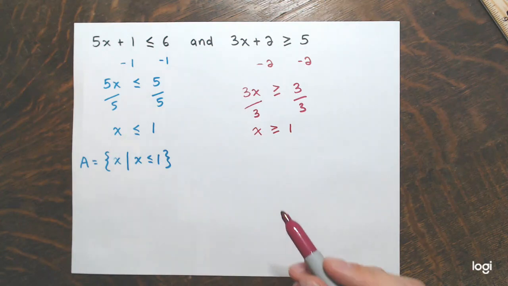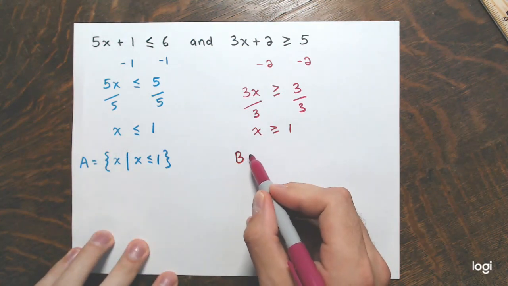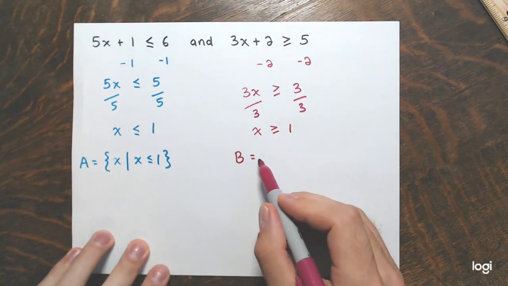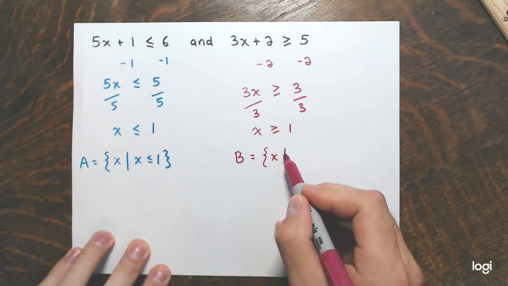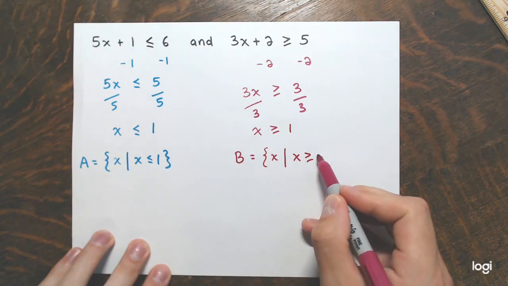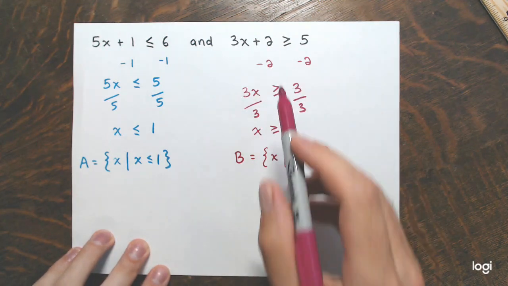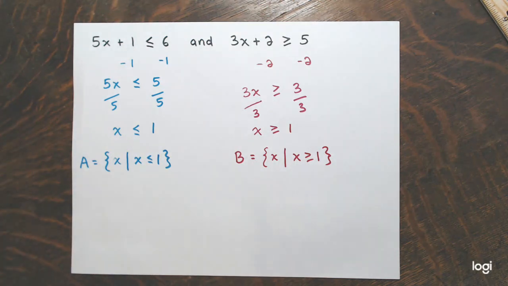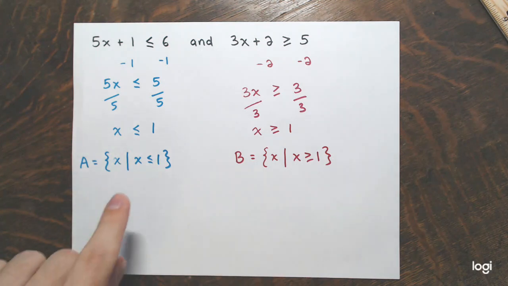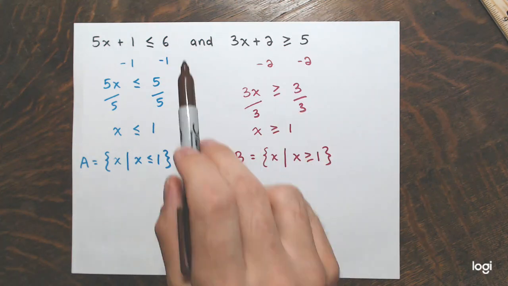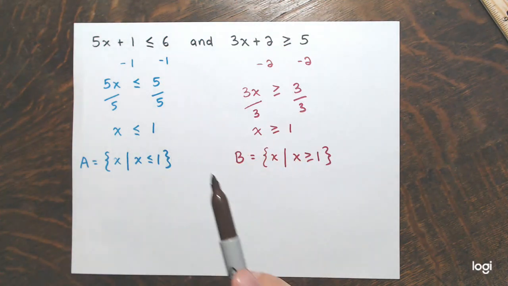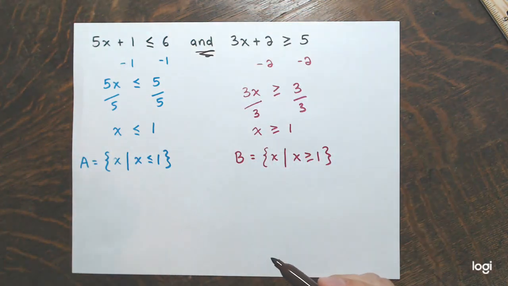Right? So set B, the set of the solutions to this second inequality, is all the numbers x such that that number is greater than or equal to 1. Those are all the solutions of the second inequality. Well, when I have all the solutions of the first set and all the solutions of the second inequality, we're connecting them with the word and, so I'm going to try to find the intersection.